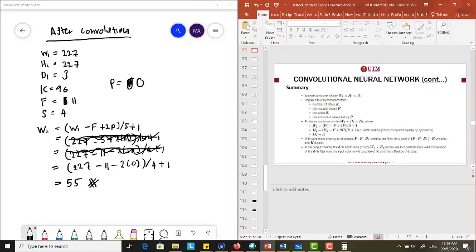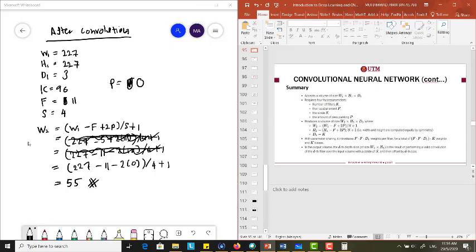And then once you get all this information, in order to estimate the output dimension in terms of your width, W2, which is the x-axis size, H is the y-axis size, and D is the depth, which is the z-axis size.